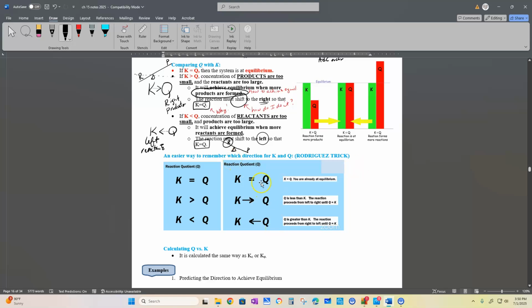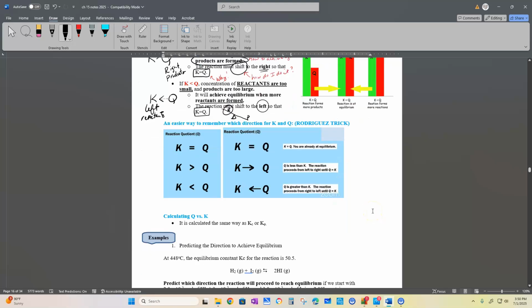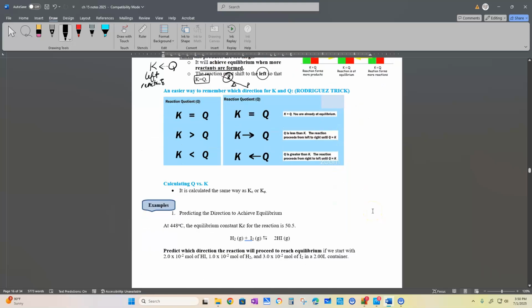I put my little tricks right here too. What happens is you did something to the reaction. So calculating K and Q, the cool part is it's the same way that you calculate K: products over the reactants.